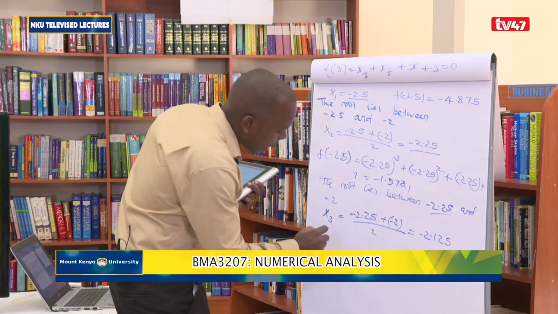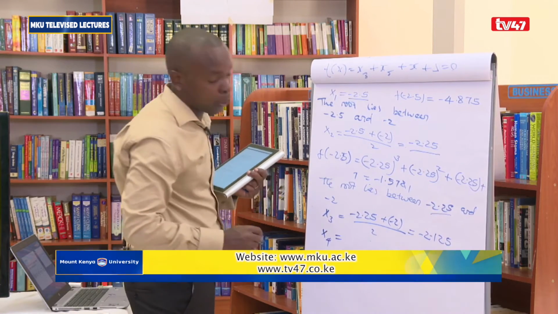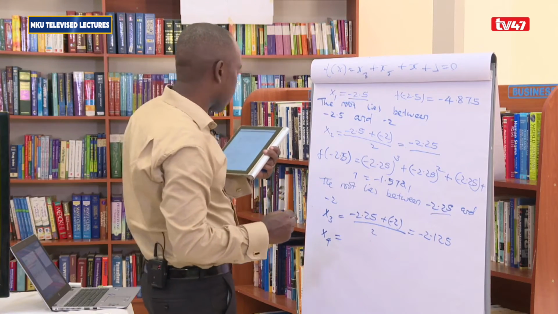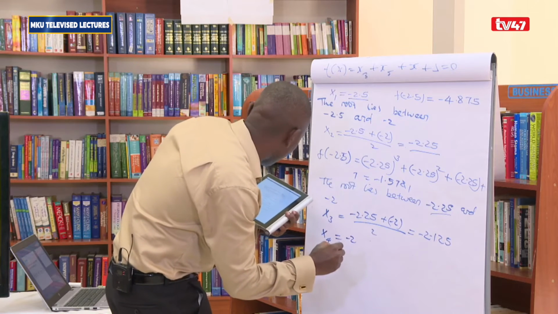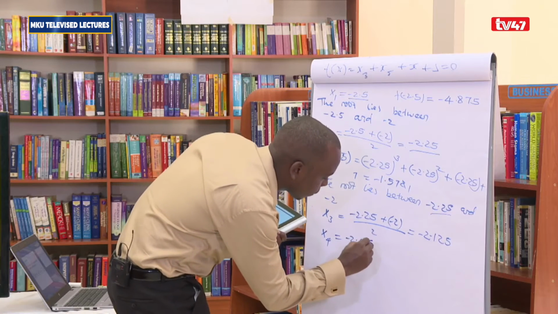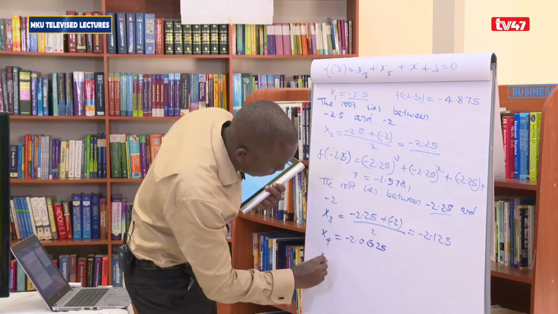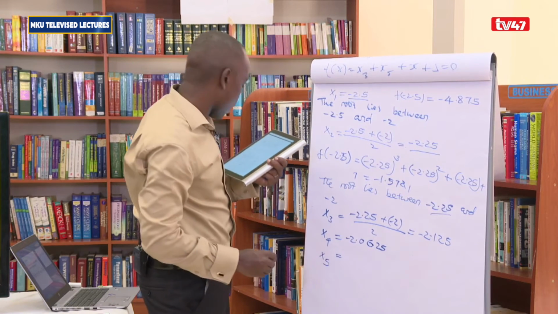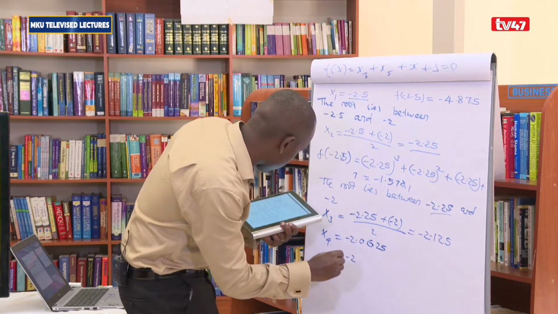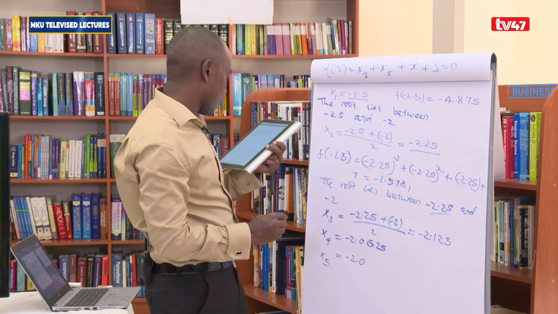And the other approximations, x4, which I would like you to try and confirm, will be as follows. So x4 will be negative 2.0625, and then we have x5, which will be negative 2.0938.